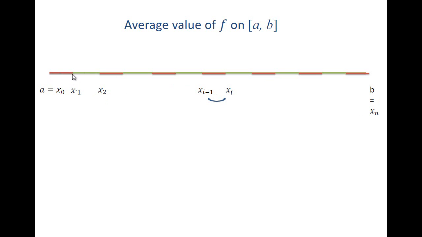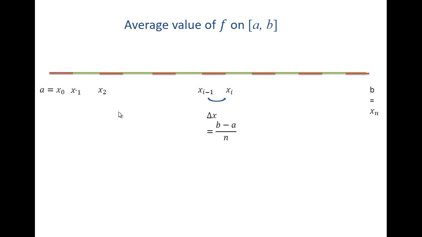The interval from x1 to x2, that's the second subinterval, and so on. Generally, since I want to talk about one of these subintervals, this is the ith subinterval, where i is between 1 and n. It'll be between xi minus 1 and xi. And so again, we have divided the interval from a to b into smaller subintervals.